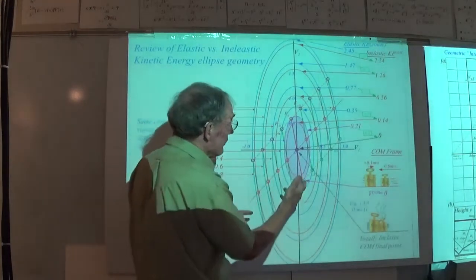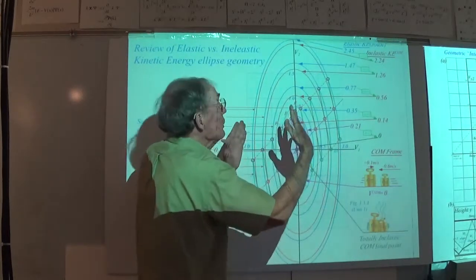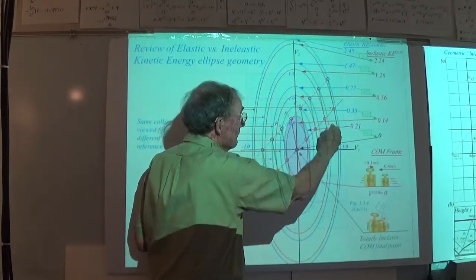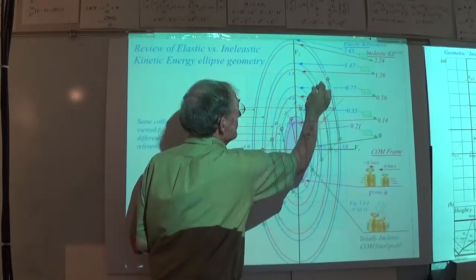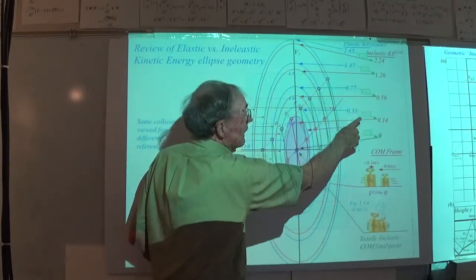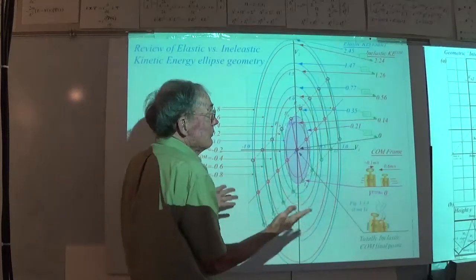In that case, the crunch ellipse, the ellipse that results from them sticking. You see, they're pretty close. The kinetic energies in each of these cases have to be the same. You're just looking at it from a different frame, so physics is not changing.